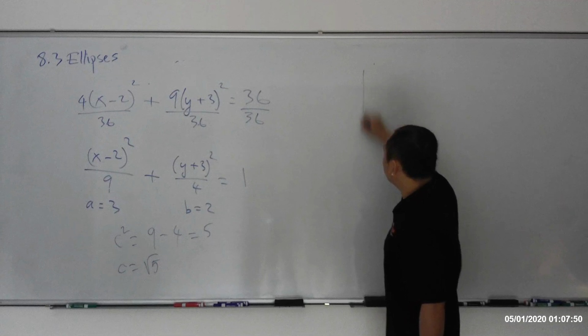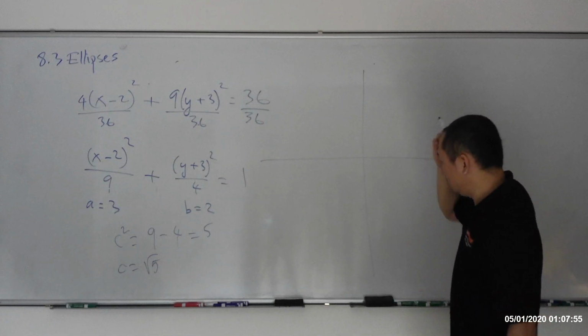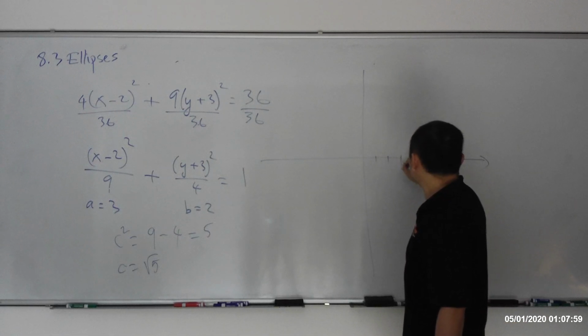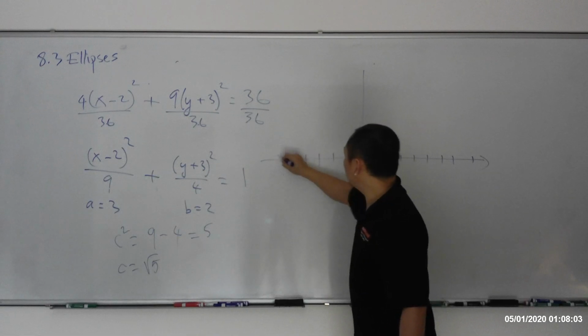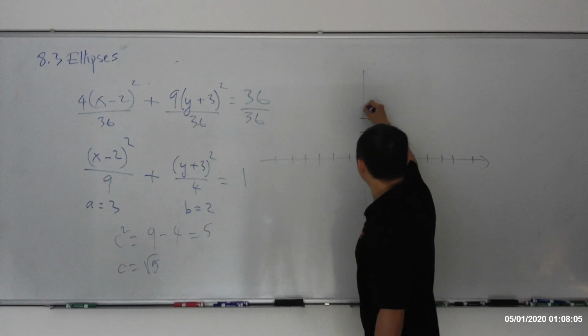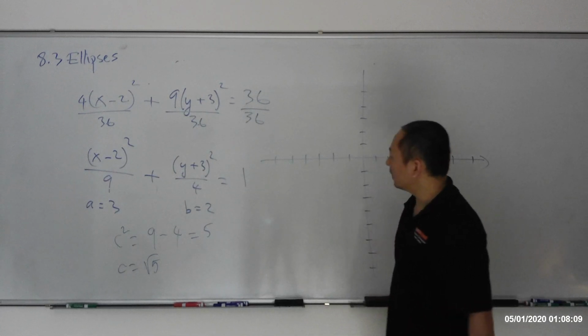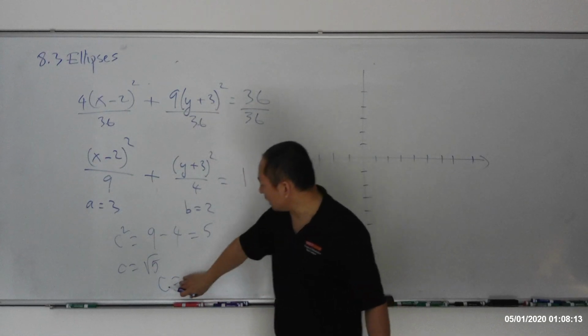Okay, now let's get a graph of the ellipse. We start with the center. We know that the center is at, this is big C for center, okay?